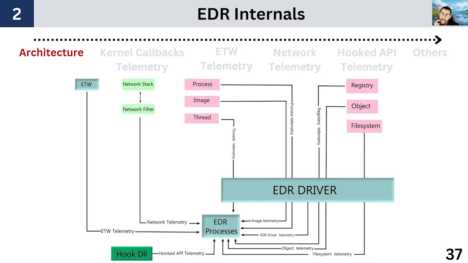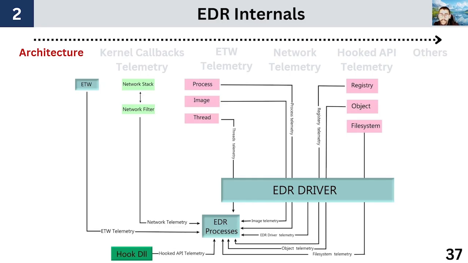So, ETW, Event Tracing for Windows. ETW is a powerful tracing mechanism in Windows that provides system-wide telemetry. ETW providers in the system generate events for critical activities such as process creation, image loading, network communication, memory allocation, and more.